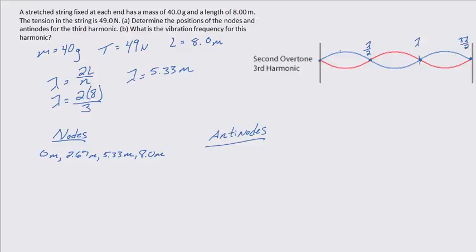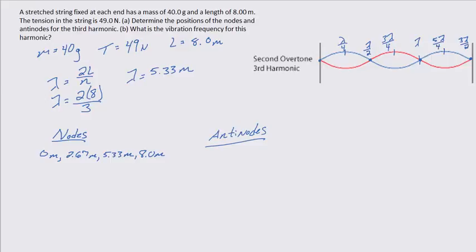So midway between each node, we have an antinode. We have a total of 3 antinodes. Halfway between our starting point and half of a wavelength is 1/4 of a wavelength, halfway between half a wavelength and a complete wavelength is 3/4 of a wavelength, and halfway between one complete wavelength and 3/2 of a wavelength is 5/4 of a wavelength.